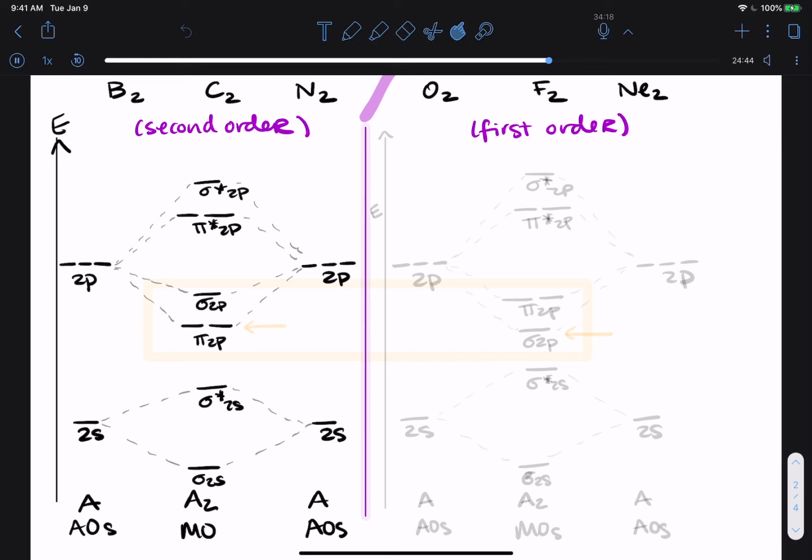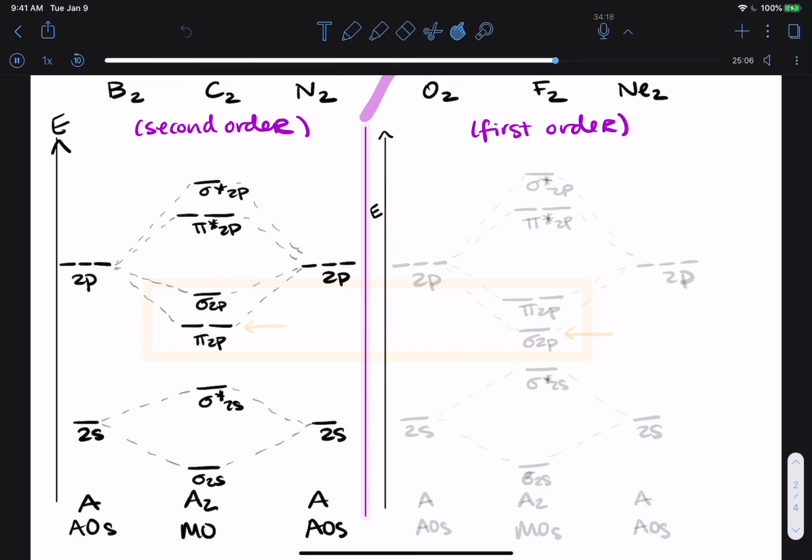Wowzer. Okay, this is a second order MO correlation diagram. This is the ordering of the orbitals that you should use when you are doing something like B2, C2, or N2.